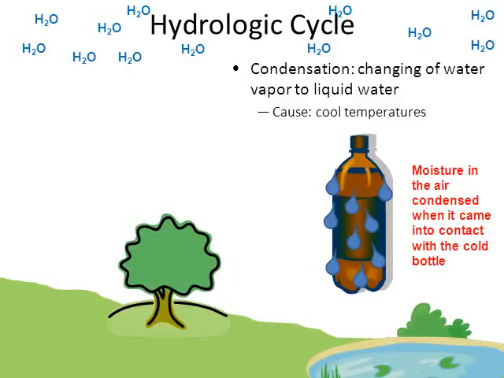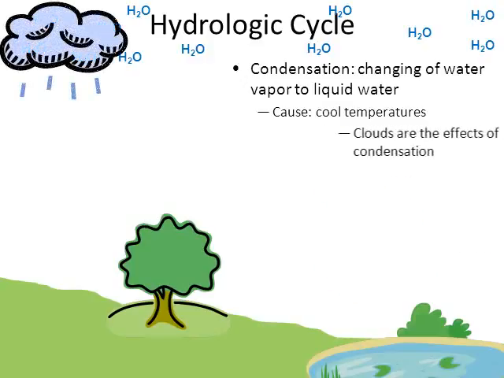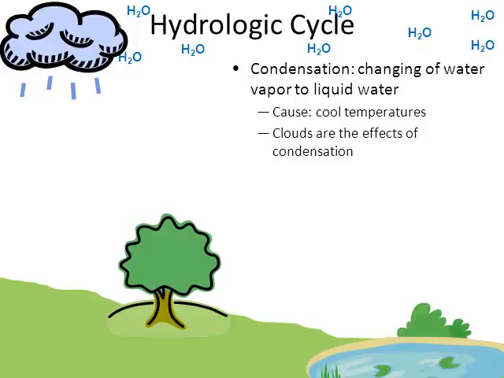Well, by relating this to the water cycle, that is how we see clouds form. Clouds are the results of condensation. Water vapor will condense and form clouds. And when the liquid water of clouds gets heavy enough, of course, it will rain.